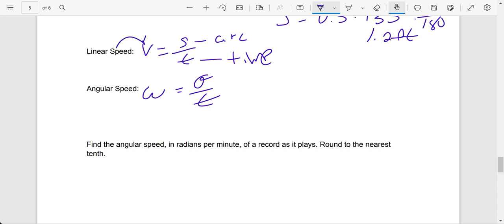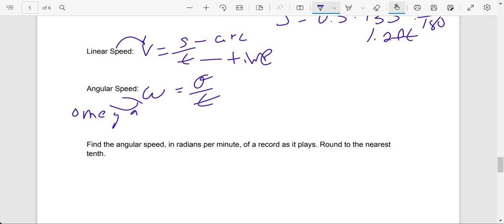Angular speed. This looks like a W, and it should look like a W, but that's an omega. It's a lowercase omega, and that's how you write angular speed. Omega, or angular speed, is equal to theta divided by t. Theta is your angle, t is your time again.